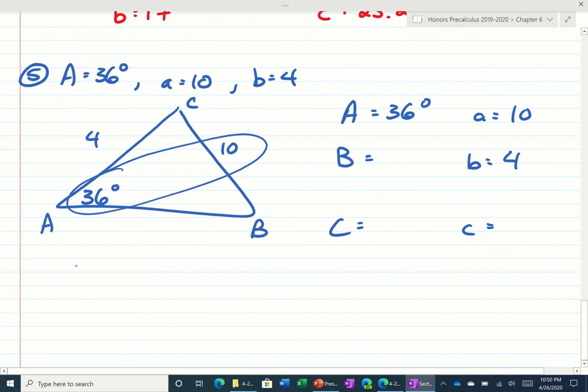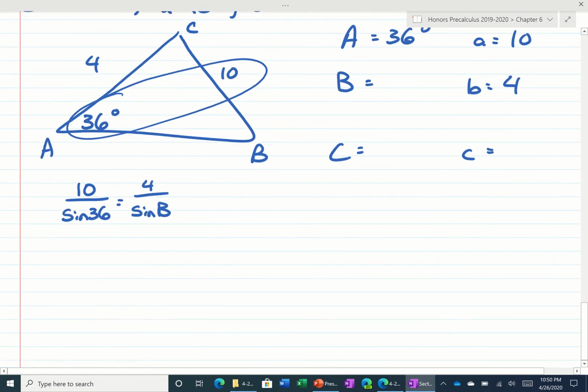So we have side A over the sine of angle A, and that's equal to, well, the only other thing we have is side B. We just don't know what angle B is. So the way that we could figure it out is just by cross multiplying like we usually do.